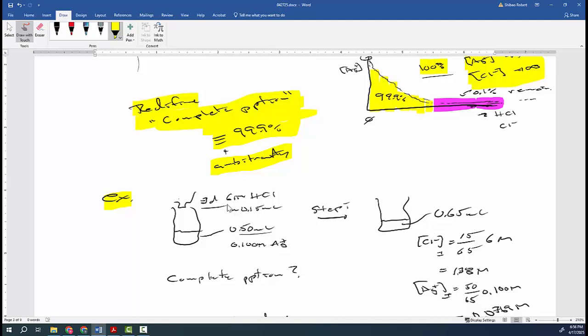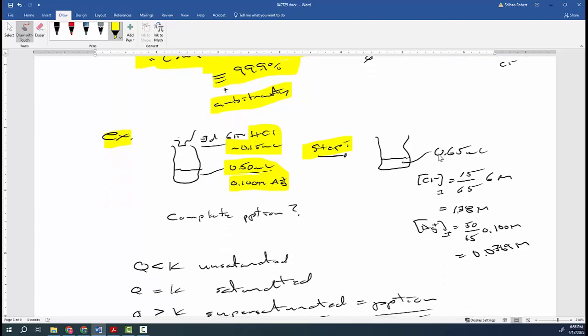So whenever we combine two solutions, 0.15 milliliter of the hydrochloric acid solution with half a milliliter of the silver ion solution, then we have to do a solution dilution. So the final volume is going to be 0.65 milliliters, the combined volume here, 0.50 plus 0.15. And then we have solution dilutions that we have to do. So chloride, which is going to be the same thing as HCl here, the H plus is a spectator, so I'll just ignore it.